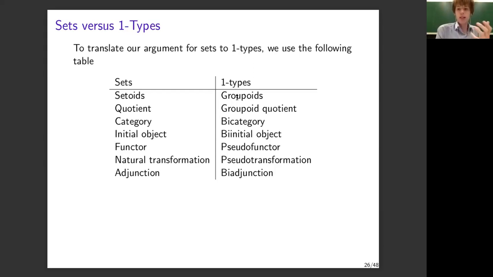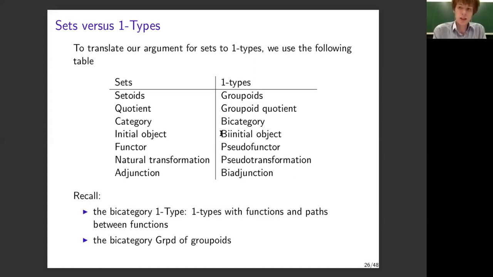So with all this, we get the analogous notions of one-types to those for sets. For setoids, the analogous notion for one-types is groupoid. For quotient, it is groupoid quotient. For category, it is bicategory. We also make use of all kinds of notions from category theory, like initial object, functor, natural transformation, adjunction. For all these, we also have an analog, namely bi-initial object, pseudofunctor, pseudo-transformation, bi-adjunction.